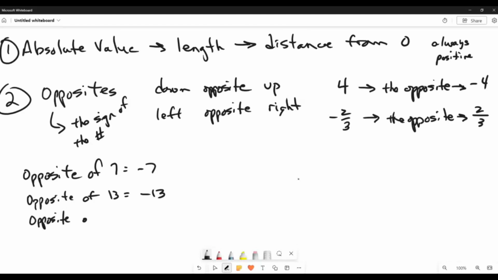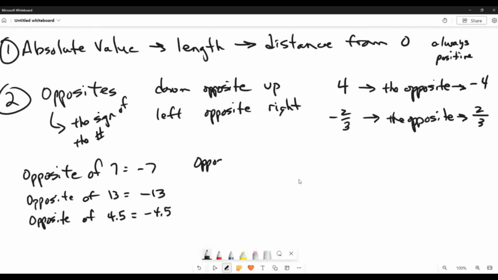Opposite of 4.5. It doesn't matter if we have fractions or decimals, the concept still applies. What is the opposite of 4.5? Negative 4.5.